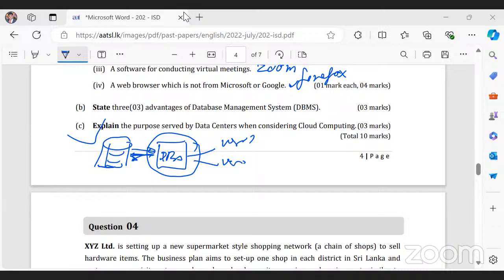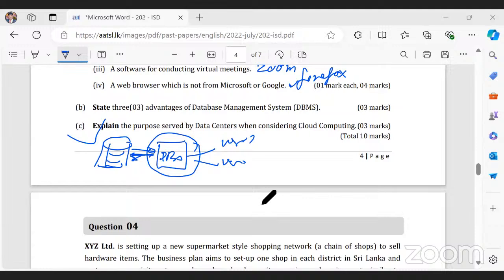What are you asking, sir? Can we say cloud computing is the same as simply storing data? No, cloud computing is not only storage. We have discussed many forms of clouds: Infrastructure as a Service, IaaS, Platform as a Service, PaaS, and Software as a Service, SaaS.